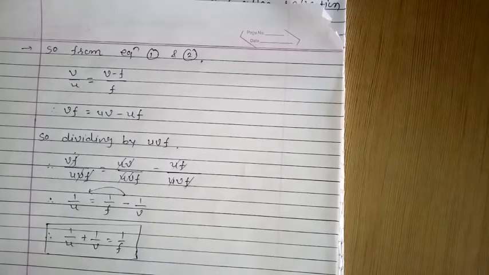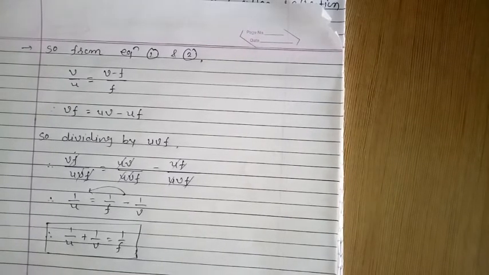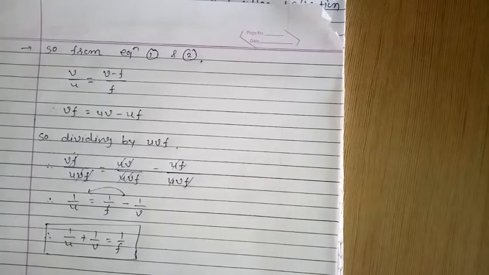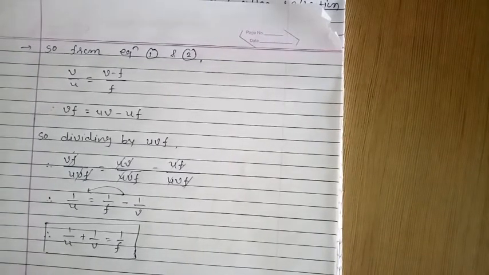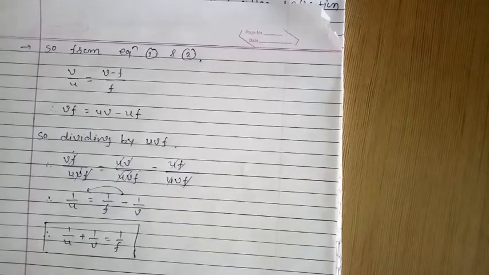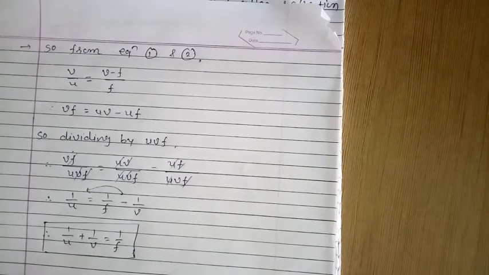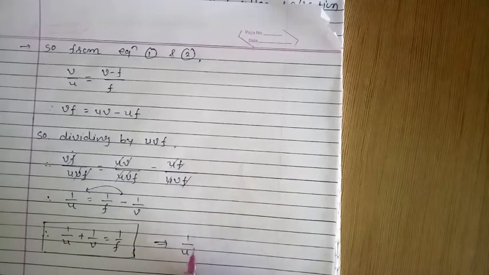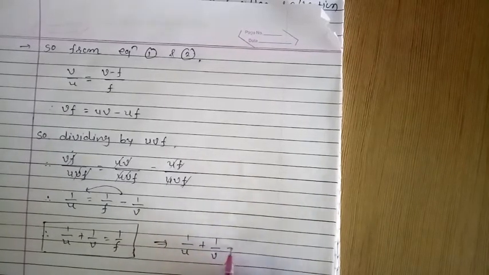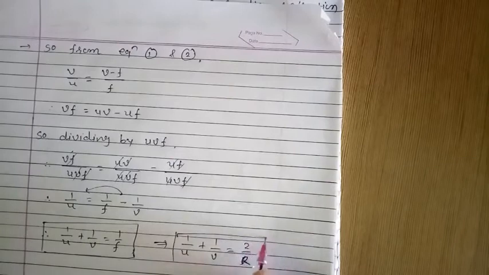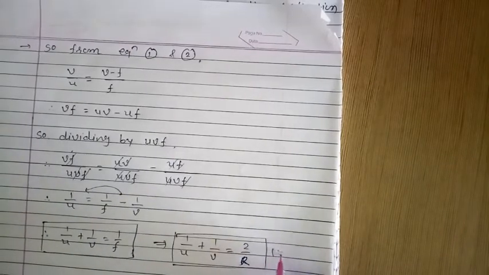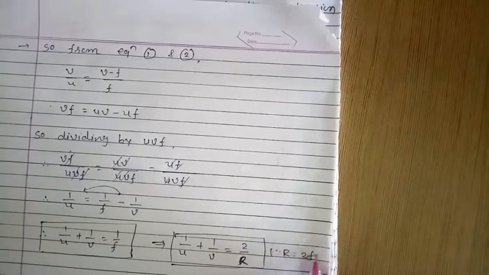We also know that yesterday we proved that R is equals to 2F, so F is equals to R by 2. So we can also write that 1 by U plus 1 by V is equals to 2 by R, because R is equals to 2F.